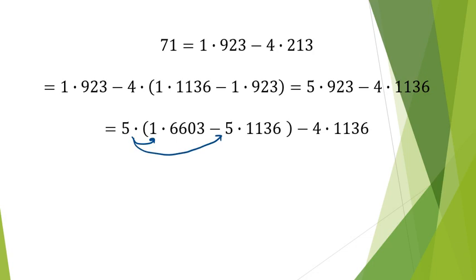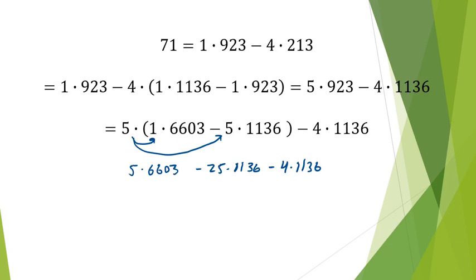I have 5 6,603s, and then here I have minus 25 1,136s. And then carrying down, minus 4 more 1,136s.